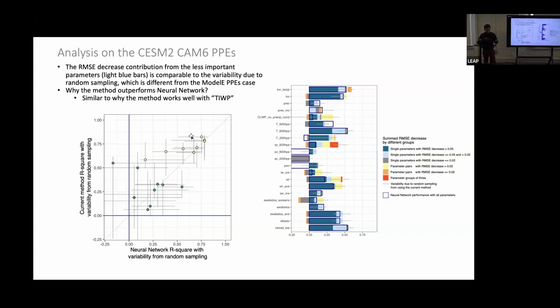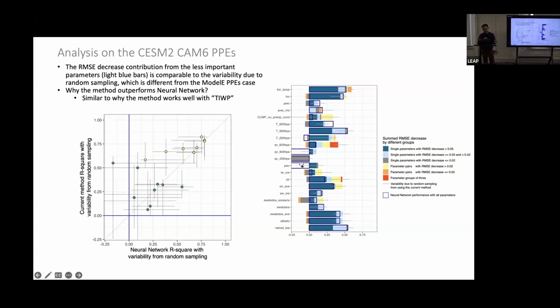For all the variables, there are some that are just really difficult to emulate regardless. And because the neural network focuses on the overall performance, trying to emulate these really bad variables very hard would drag down the neural network's performance for the variables that are easier to predict. We think that is why.